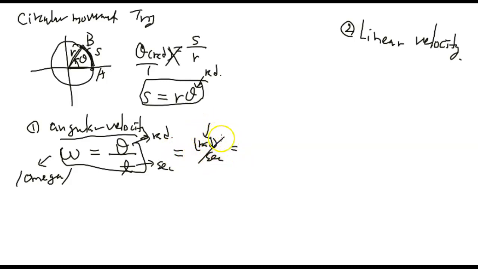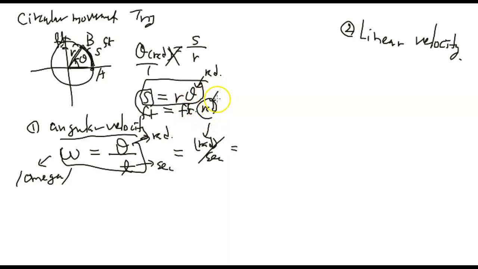Radian has no unit, so why? For example, if the subtended arc is in feet and the radius is in feet, then by this equation, feet equals feet times radian, where theta is in radian.